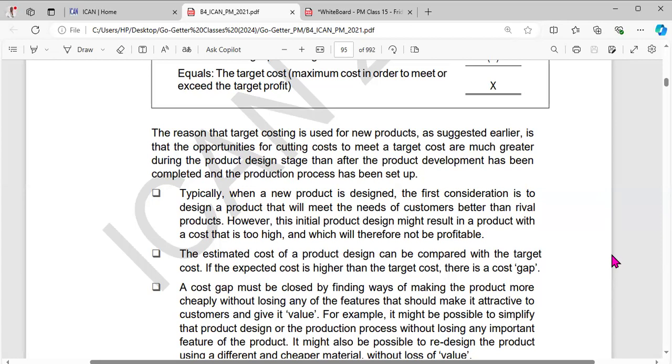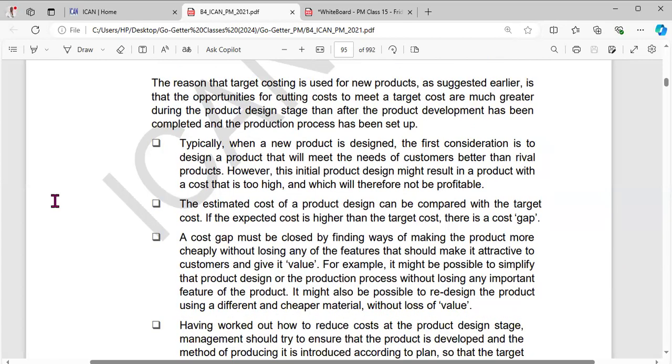A cost gap must be closed by finding ways of making the products more cheaply without losing any of the features that should make it attractive to the customer and give it value. For example, it might be possible to simplify the product design or production process without losing any important feature of the product.